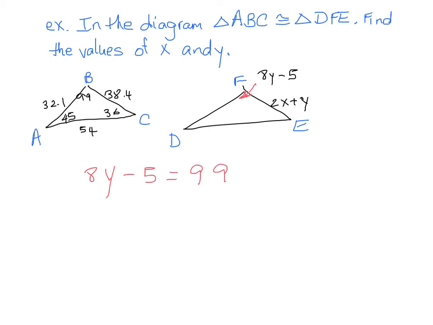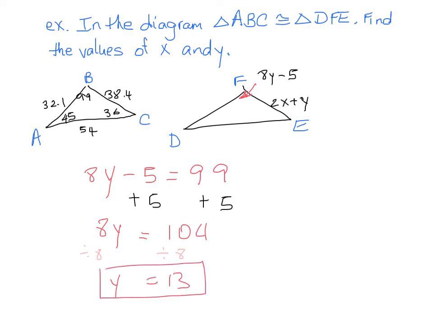So we can go ahead and solve for y. We can add 5 to both sides, and we get that 8y is equal to 104. Now we can divide both sides by 8, and we get that y is equal to 13.